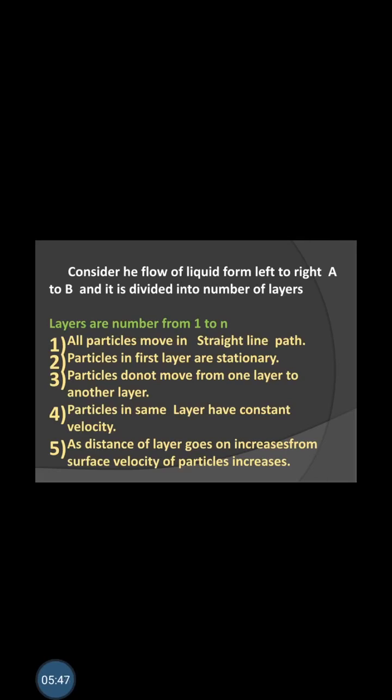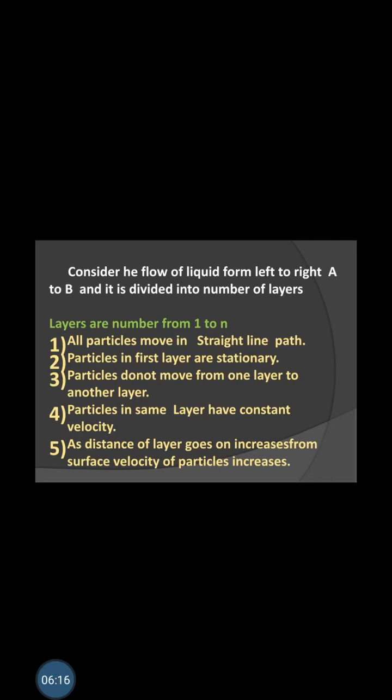Consider flow of liquid from left to right, from A to B. It is divided into a number of layers, numbered from 1 to n. Then all the particles move in a straight line path or in the same path. Particles in the first layer are stationary.